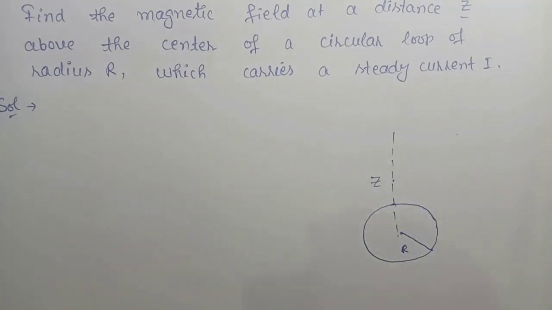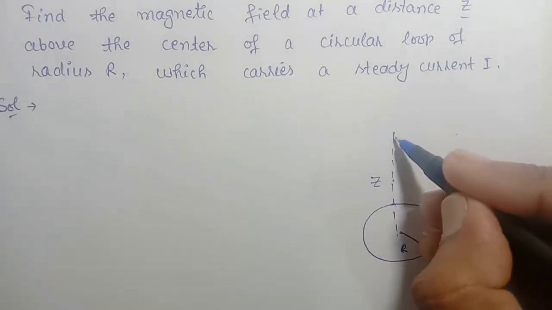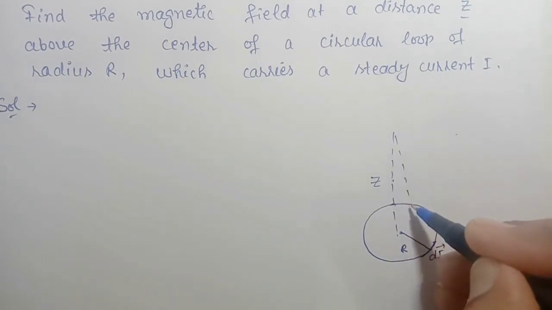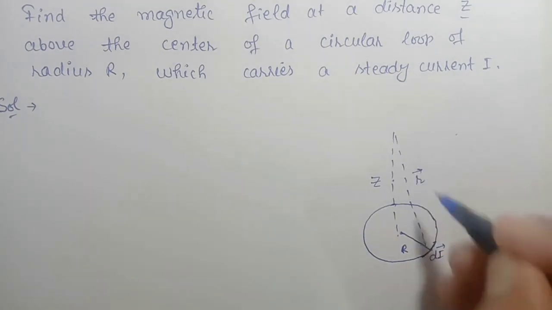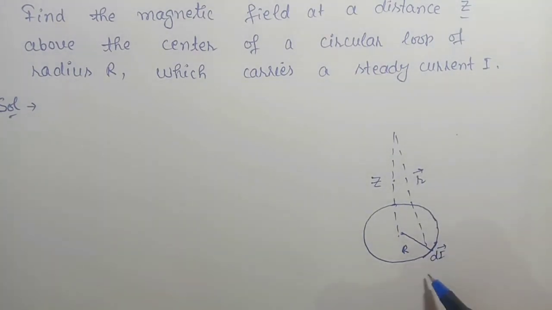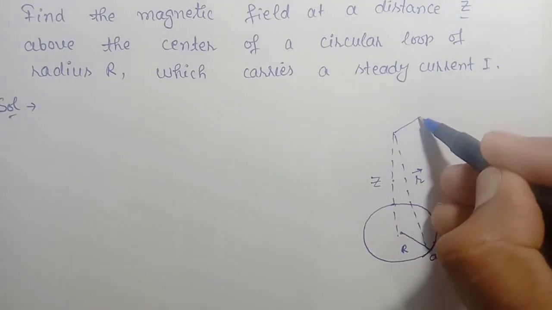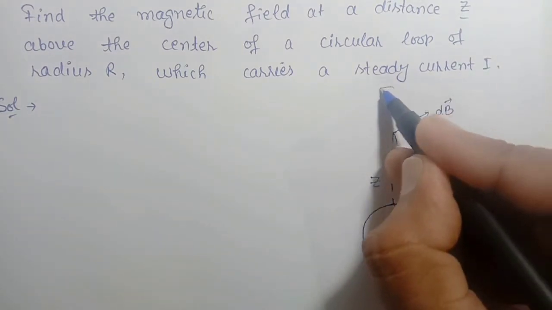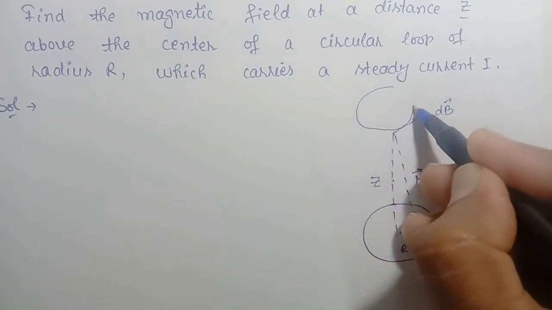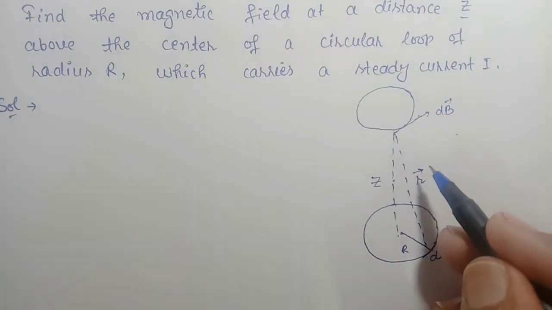Okay. So here suppose we have a small segment dl, and suppose this distance is r vector. Here, due to this small segment we have a magnetic field dB, with a cone-like behavior.